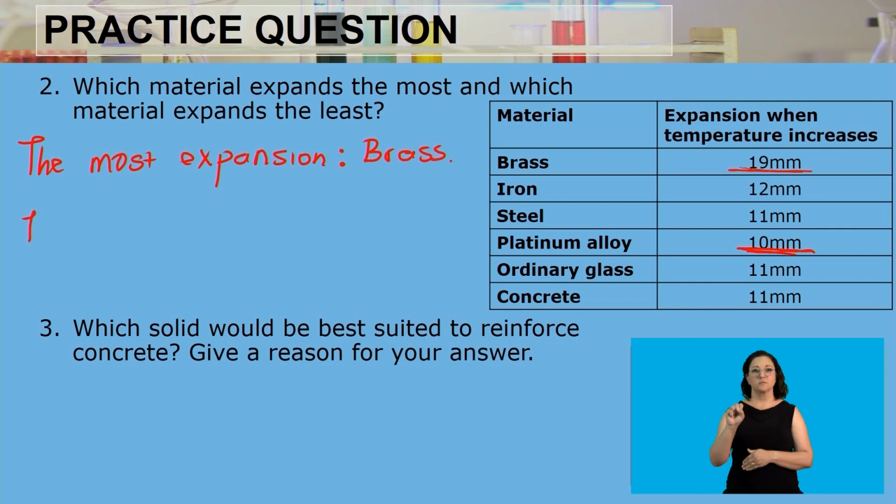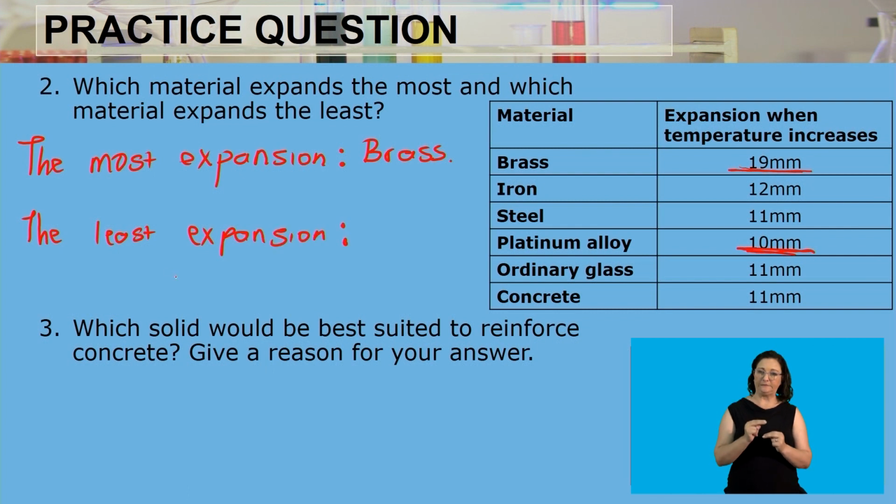And then the least expansion, it comes from our platinum alloy. There we go. So remember that we are not just guessing these materials, we are looking at the table that gives us the correct expansion of each of those materials. So we're not guessing, we are reading every piece of information from the table that is given to us.